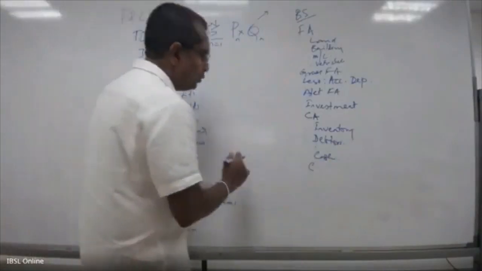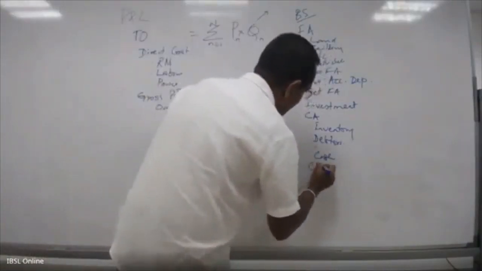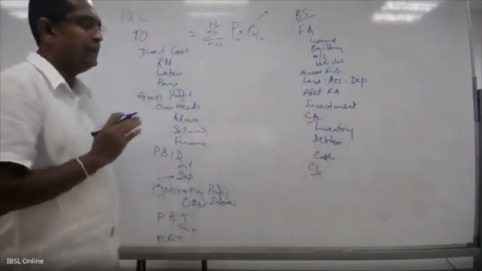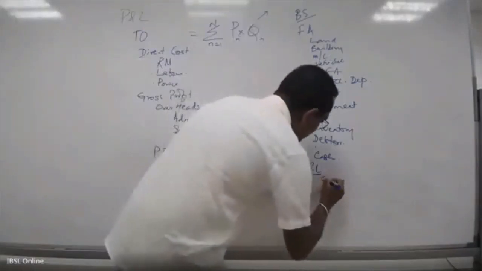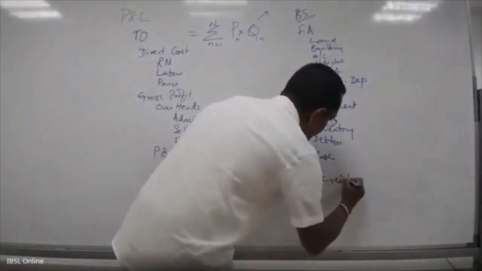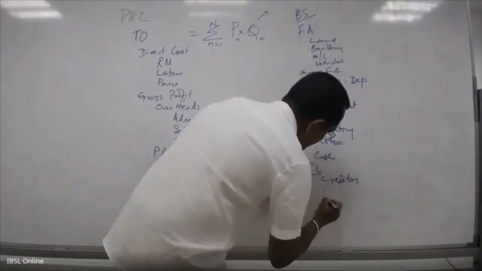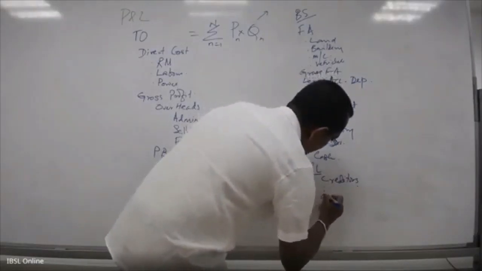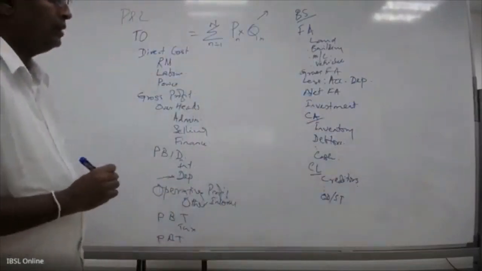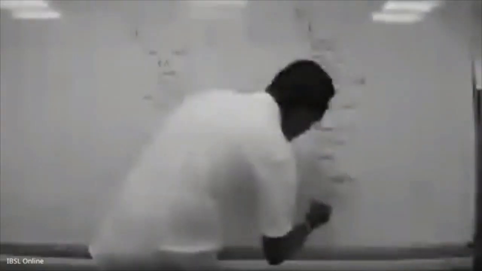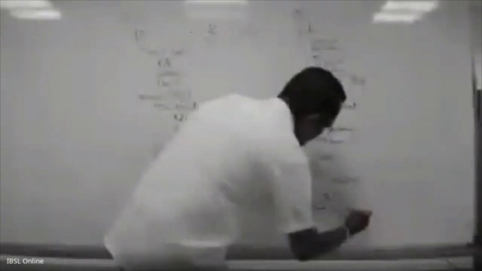I use this one for a purpose, but you can have it the other way as well. Current liabilities, right? It is creditors and ODs and short-term facilities. Net current assets or net current liabilities.